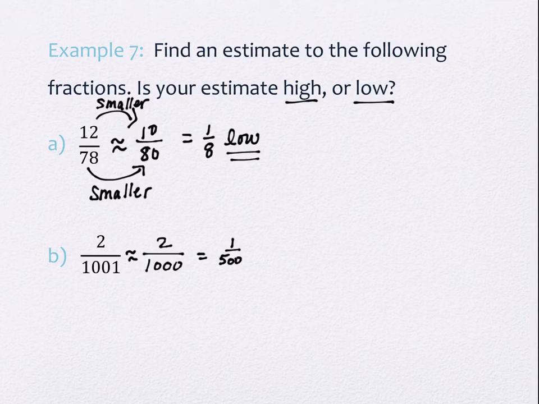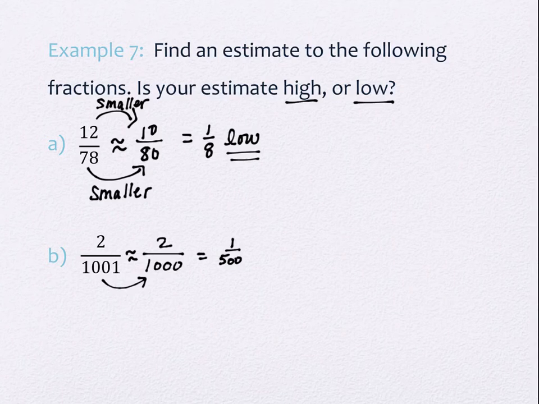There's one in your group work that uses an example like this, but in the multiple choice style: is it closer to 0, 1/4, or 1/2? 2/1001 or 1/500, that's small. 1 out of every 500 is a very small number, closest to 0 in that situation. Now, back to the one we have. I only changed the denominator, and I made it smaller.